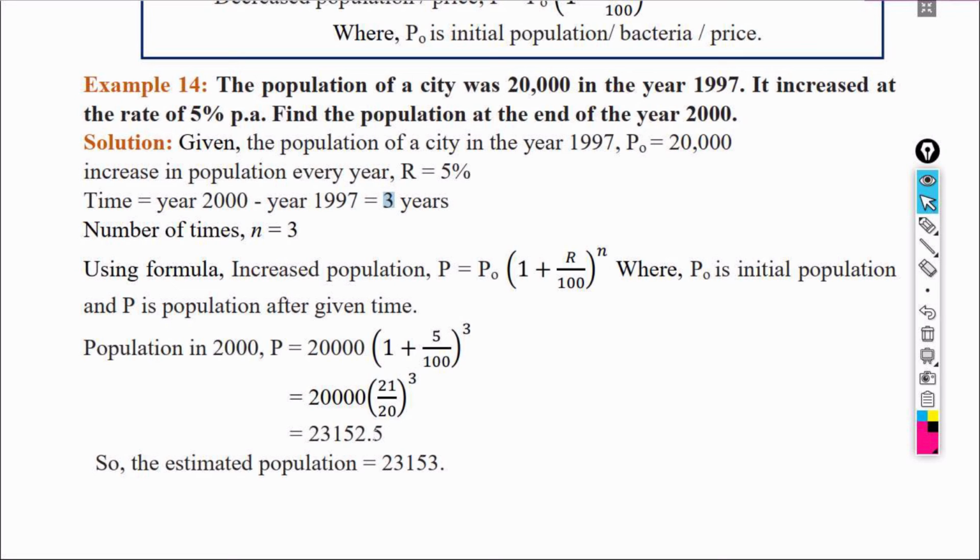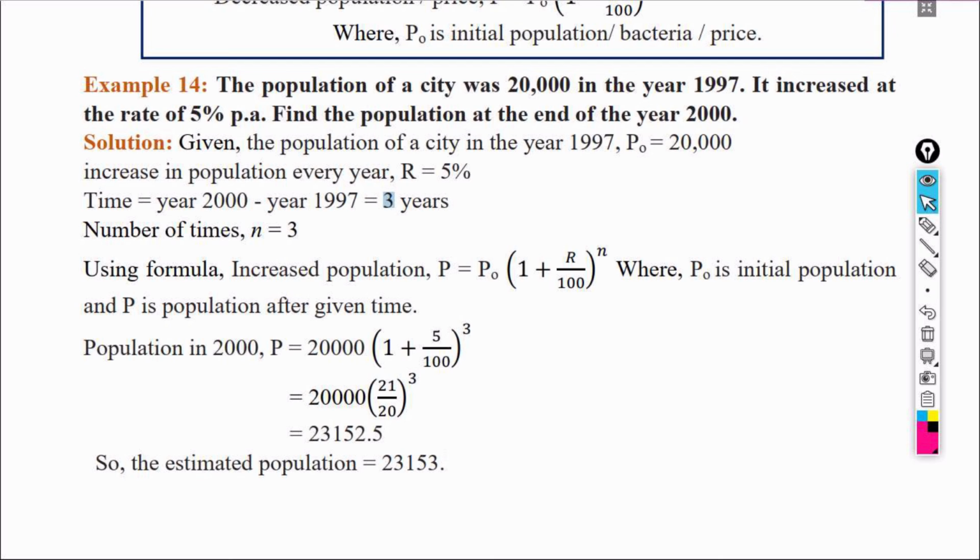If the digit after the decimal is 5 or more than 5, increase by 1, so 23,152 is the approximate or estimated population in the year 2000.